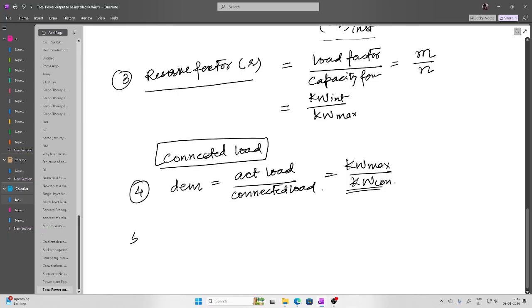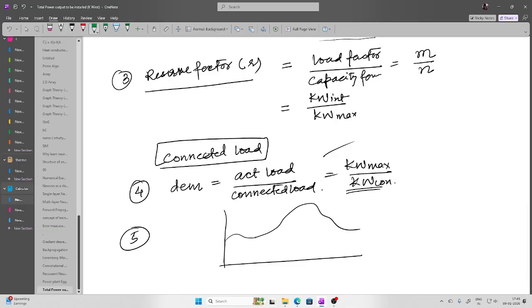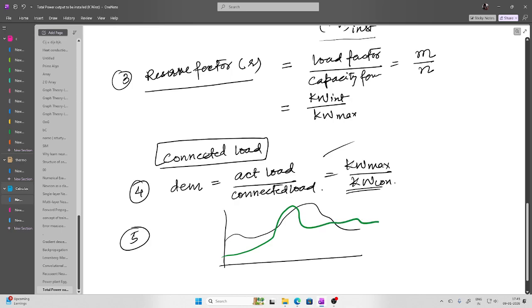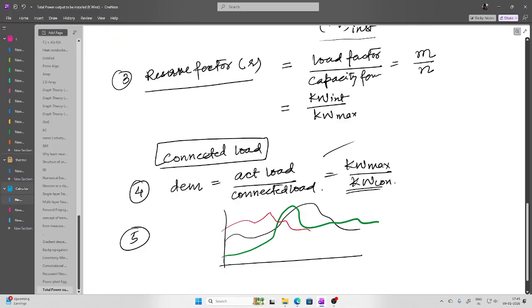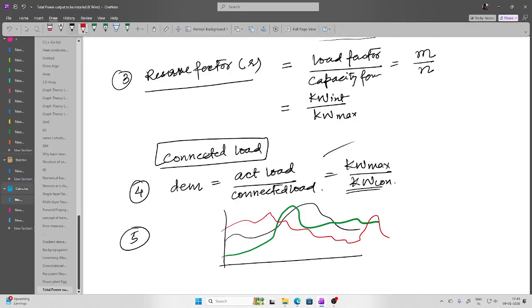Now this is for a particular type of consumer, but there are so many types of consumers. Let's say industry is one type, or hostels are another type, or village is one type, and so many. So if we try to plot the load duration curve for different types of consumers, let's say this is 1, this is 2, and this is 3, and let us try to find out the peak.